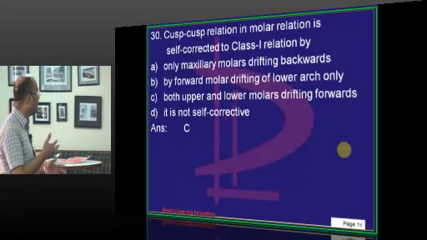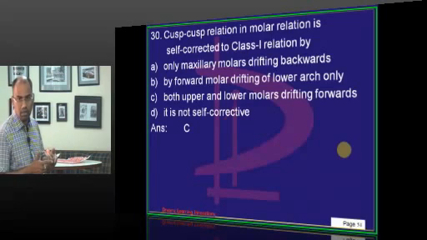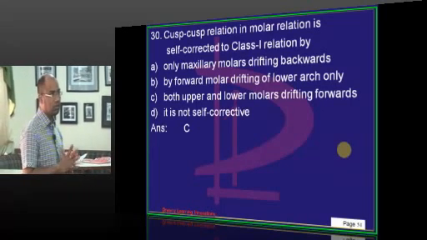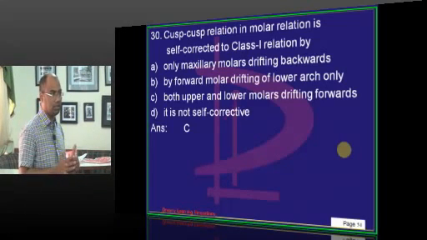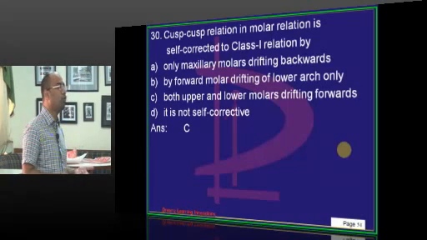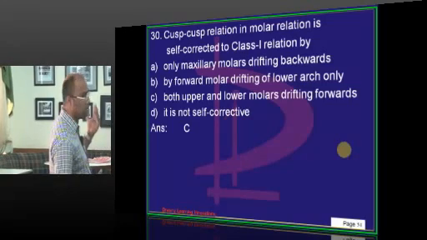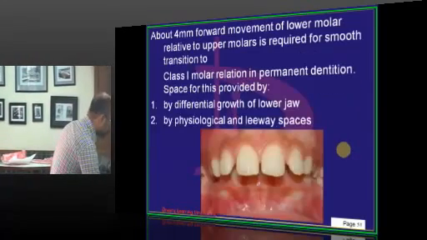So here, what he asks is whether mesial drifting occurs only in the upper, only in the lower, or both. It is both in the upper and lower, but more in the lower. Clear? So don't misunderstand. Just writing that only the lower molars drift is not correct. Both upper and lower drift, but the lowers will drift more mesially. So flush terminal is self-corrected to class 1 by both upper and lower drifting, with the lowers drifting more.